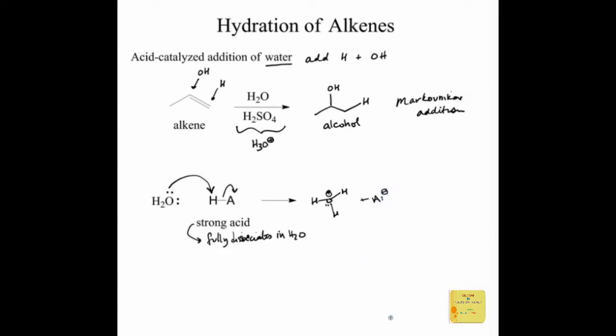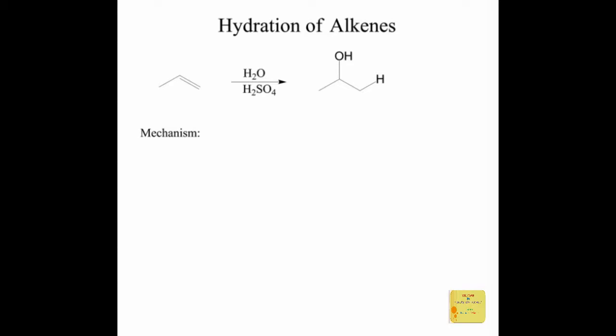So when we represent a strong acid HA in aqueous conditions, the strongest acid we have is going to be H3O+, the hydronium ion. You no longer have molecular H2SO4 in an aqueous solution. You have H3O+, and you have the conjugate base of that strong acid. Okay, so when you see these reaction conditions, you can just go ahead and use H3O+ in your mechanisms, knowing that this is the mechanism by which that H3O+ was formed.